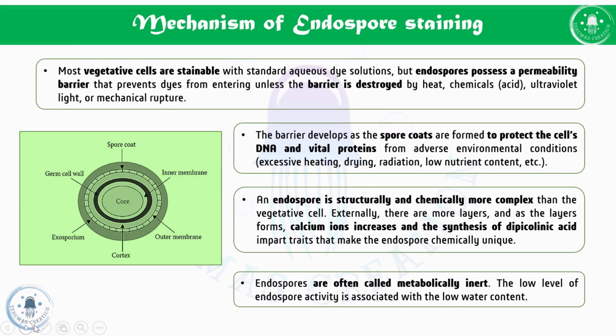Obviously, when the water content is low, the activity will get low, because it's one type of adverse condition. So this is how the endospore is able to remain for a longer period of time under unfavorable conditions. It's able to survive in unfavorable conditions, and whenever it gets favorable conditions, it will come back to its original stage.